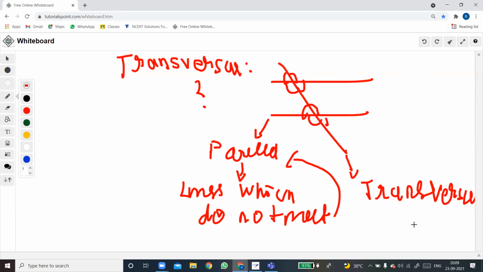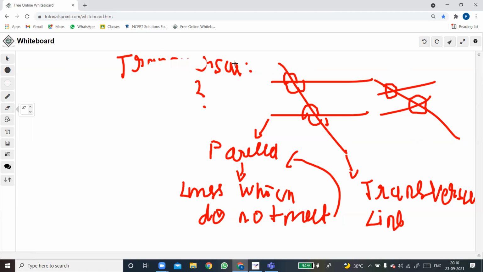This transversal line cuts the two parallel lines, and it forms 8 angles and has a bunch of properties also. We'll see the properties one by one. Let's get started.